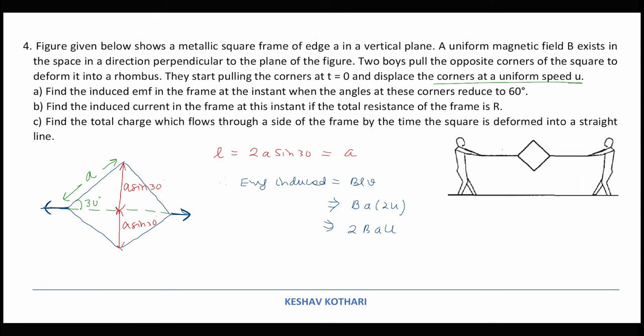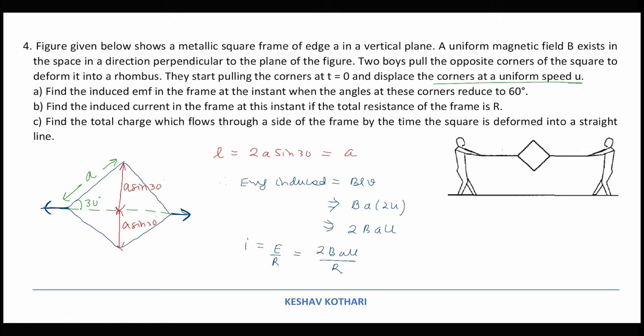The next thing being asked is the value of current. The current induced in the frame is equal to EMF upon R, that is we divide by the value of resistance. So here we obtain it as 2Bau upon R. In the next part, the question is asking what is the value of charge that is going to flow as this deformation takes place and converts it into a straight wire.